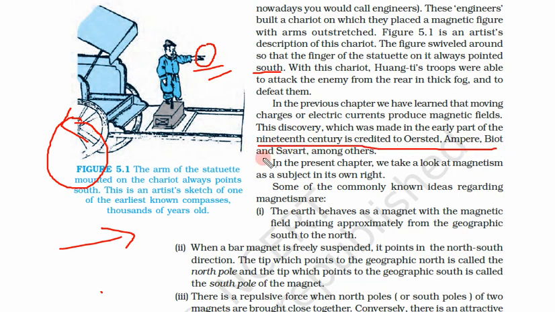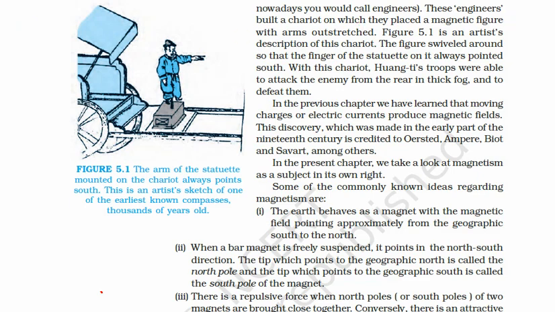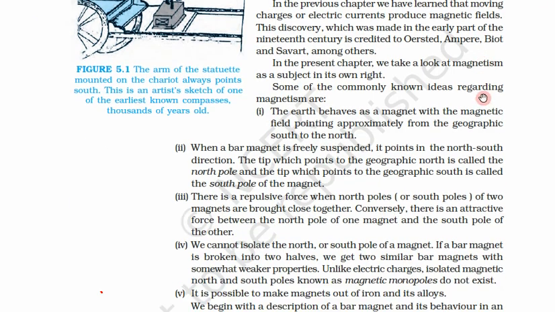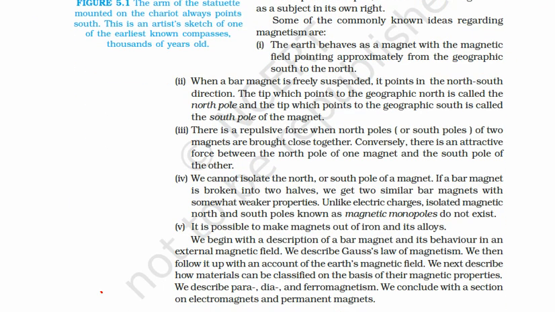So these were the names that we learned in the last chapter. Now in this chapter we will take a look at magnetism as a subject on its own. Previously we looked at this topic as currents generating magnetism. Now we will look at magnetism on its own.